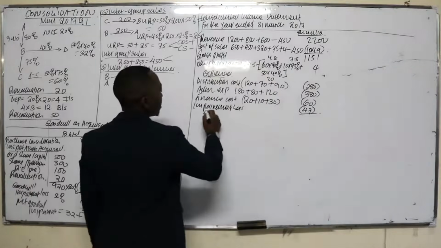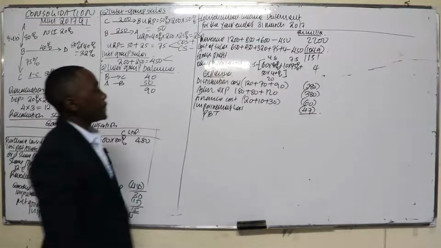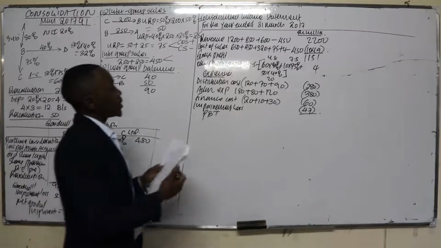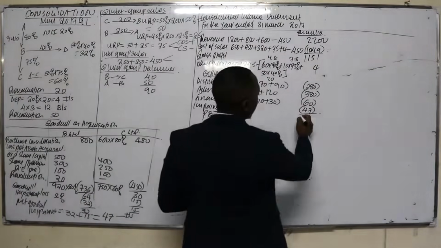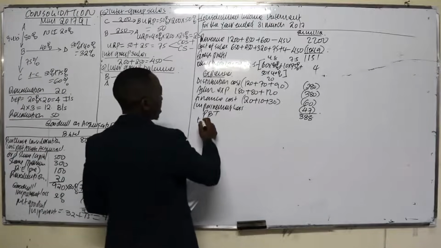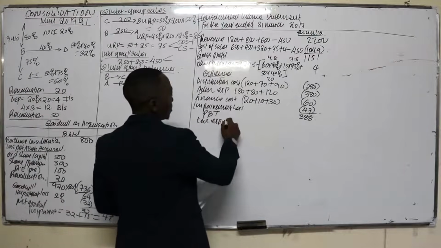So give me the profit before tax. We got an amount of 388.